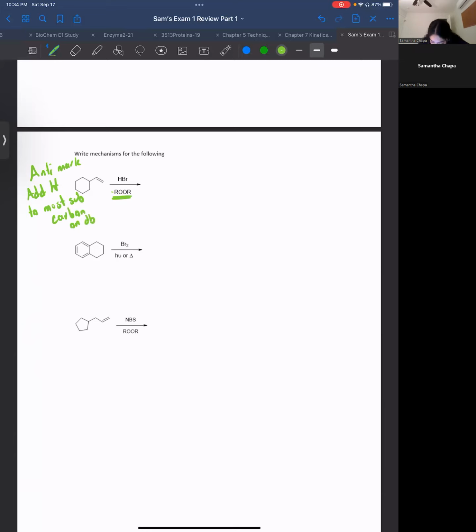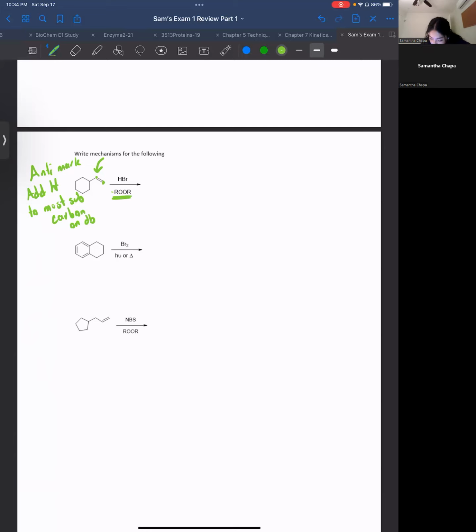So on your double bond, you have 2 possible carbons. I'm going to add the hydrogen to the most substituted carbon, which is this carbon right here. It has 2 substituents on the side of it, whereas this one right here only has 1 going up.